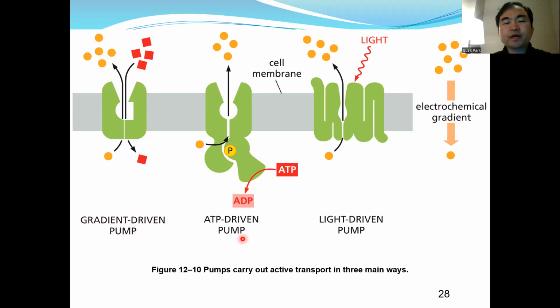With the ATP-driven pump, ATP is bound, and then energy is spent, and then it moves this one. Another one is the light-driven pump. When light is shone and activates this protein, it transports these molecules.